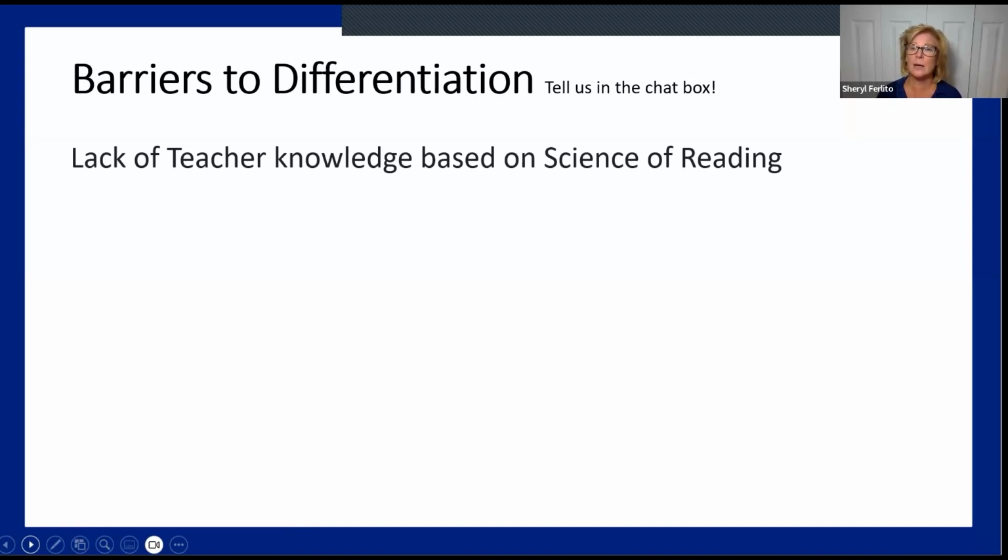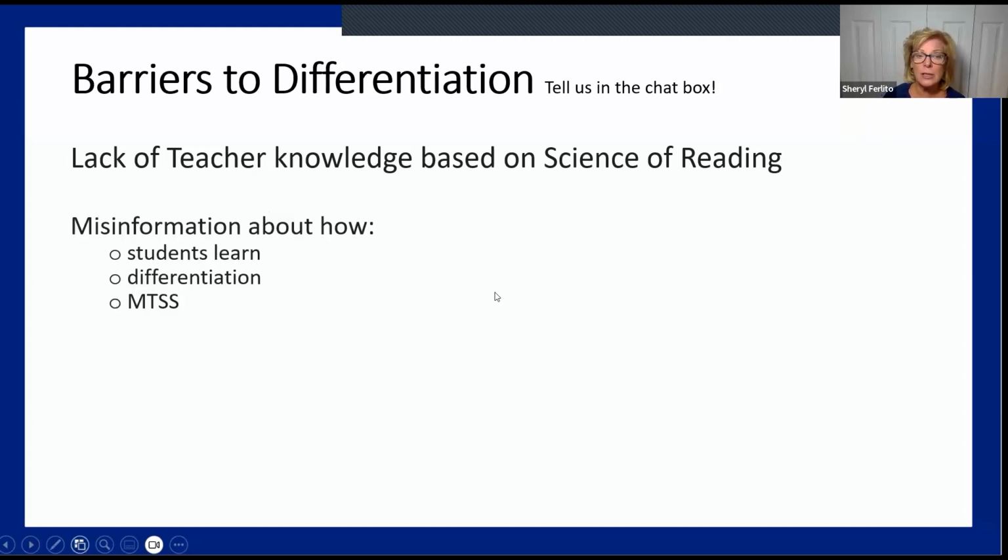Let's say you are unsure about using predictable books, for example, and you're trying to differentiate using a predictable book when really what the student needs is a decodable reader, right? So your intentions are really good to differentiate, but your tools are off. That's going to be a problem, and that's based on teacher knowledge. It could also be based on lack of resources. You could have misinformation about how students learn.